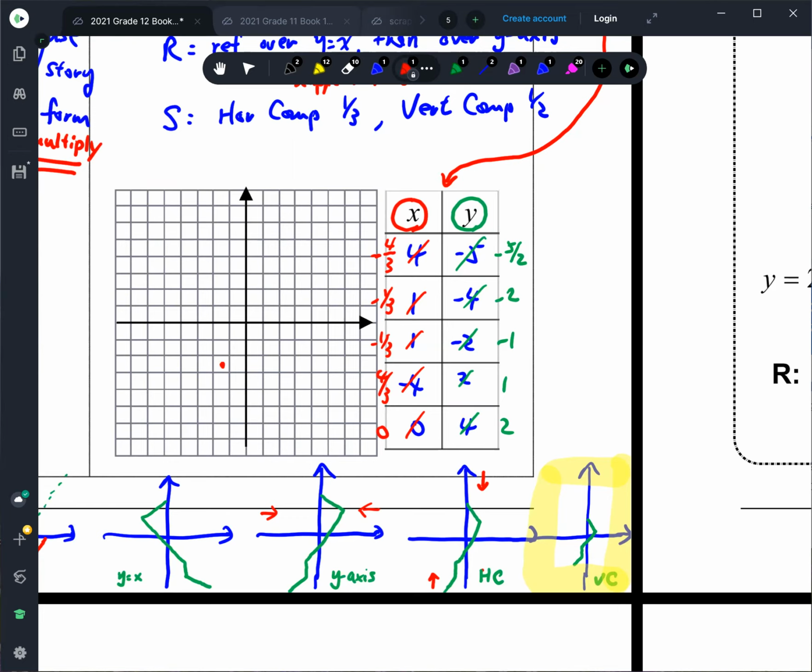Fractions are a little bit harder to graph. -4/3 is like -1 1/3, right? -1/3, -2, so it will be about there. Just approximate is okay. So that's why I need to see the table on the homework, because on the graph, I won't be able to tell if you're drawing half or 1/3.